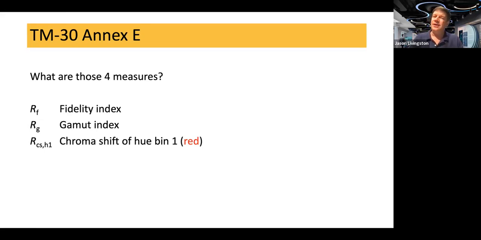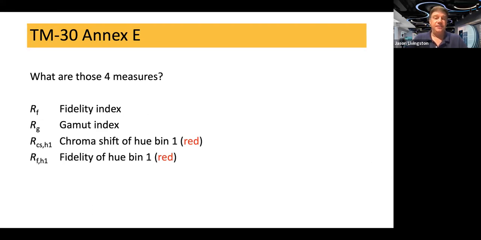We also want to take a look at what's happening with red as a control. So Rcs,h1, rendering chroma shift hue bin 1, and we'll look at hue bins in a moment, but just know that hue bin 1 is the bin that contains red. And the fourth measure, Rf,h1, the fidelity of red rendering.